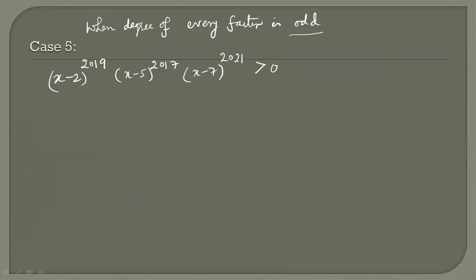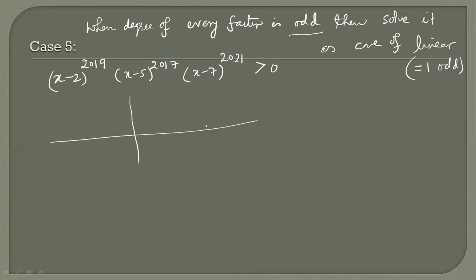If the degree of every factor is odd, then solve it as the linear case, because linear is 1 and 1 is also an odd number. So it will be solved as a linear case only. There will be no effect of these powers.